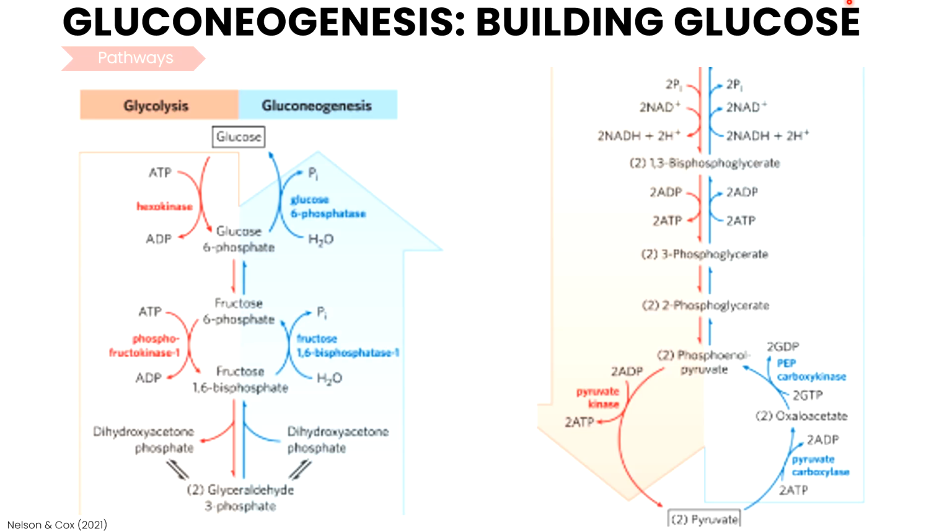So we're going to start at our pyruvate. Immediately we encounter a problem. The pyruvate kinase reaction we saw at the end of glycolysis is essentially irreversible under cellular conditions. So gluconeogenesis cannot simply use pyruvate kinase in reverse. Instead, pyruvate is first converted by pyruvate carboxylase, which requires ATP, shown here.